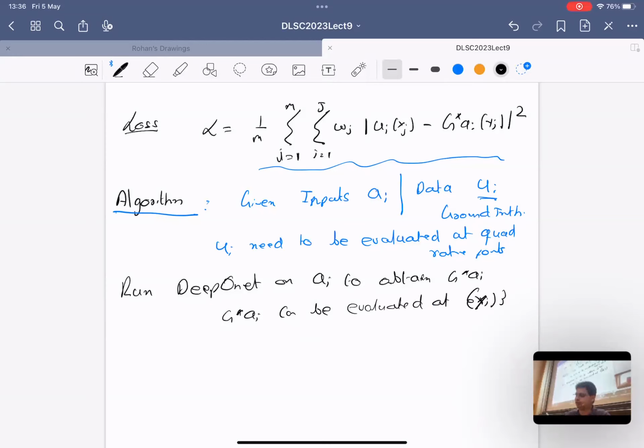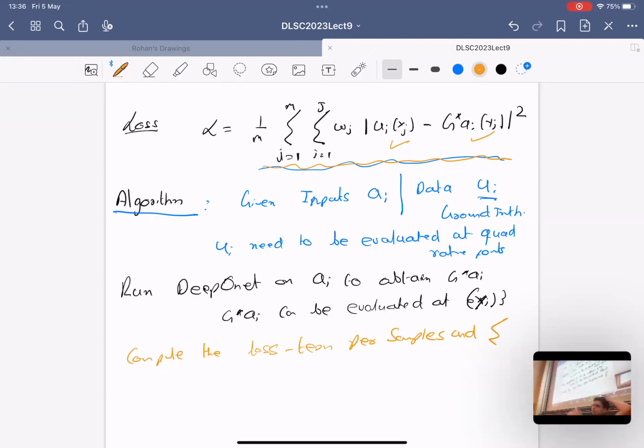So for each instantiation, you run the algorithm. You extract these values here, you compare them, you form this for each sample, and then you sum over all the samples, essentially form the mismatch or compute the loss term per sample and sum over samples. So this is going to be your loss function.